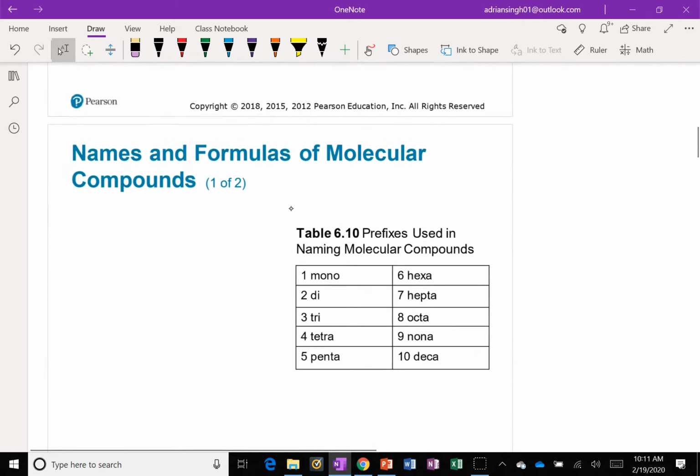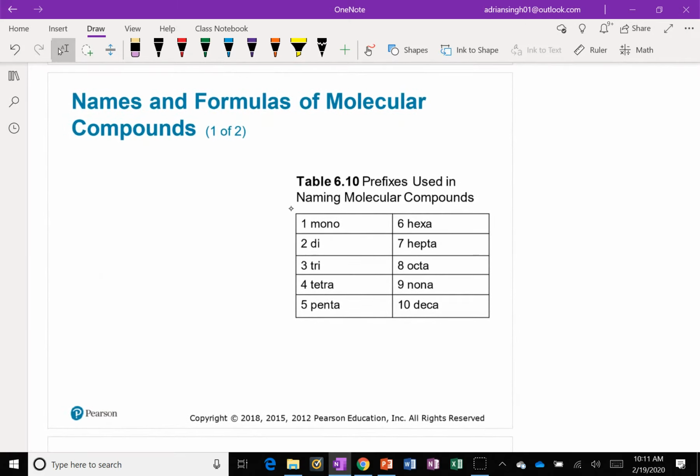The other main difference is how we actually name our molecular or covalent compounds.